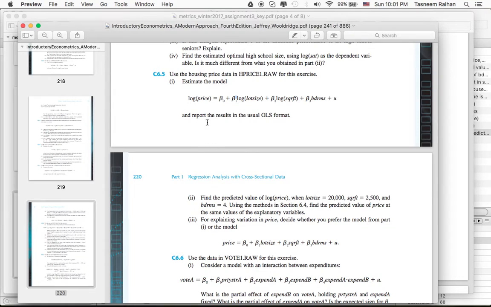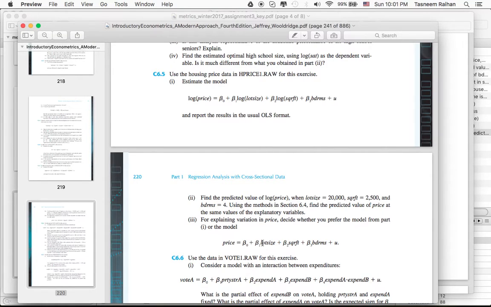The difference is that we had our dependent variable in logarithmic form, but here we have it in level form, and also we had the lot size and square feet in log, but in the new model we have got rid of these logs in the dependent and independent variables.